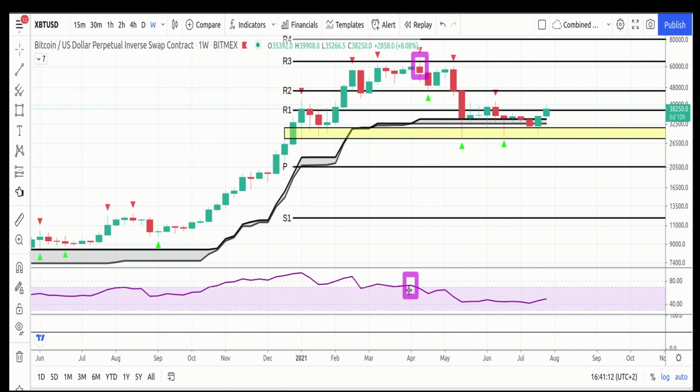So that's a wonderful example of how you can use an RSI divergence from price with a pivot level in order to time your exit. But it's very hard to do. It's not that easy at all to do.